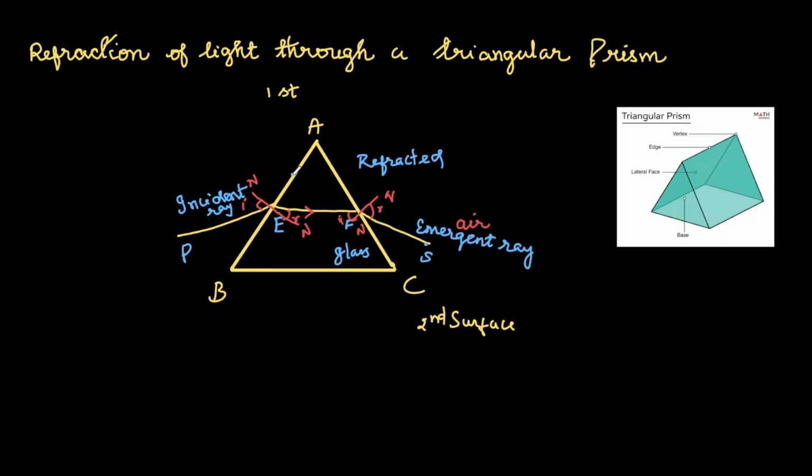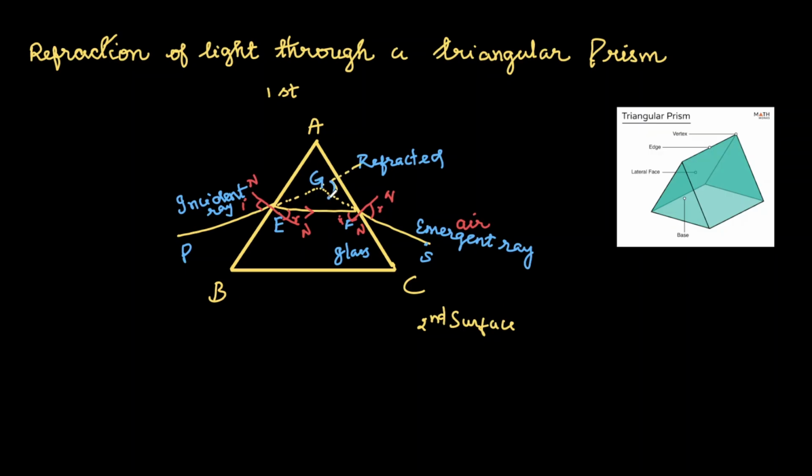Emergent ray. When we produce the incident ray, it goes just like that. When you produce the emergent ray, it goes just like this. The emergent ray forms an angle to the incident ray at G. G is the point.